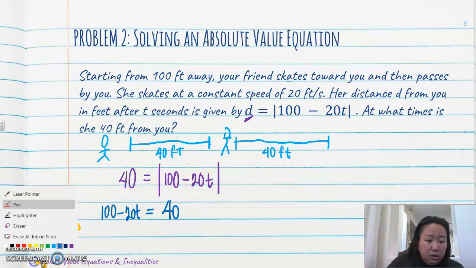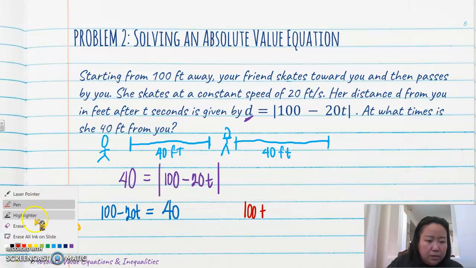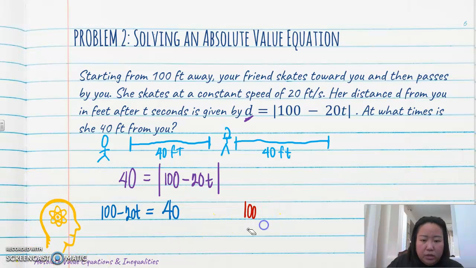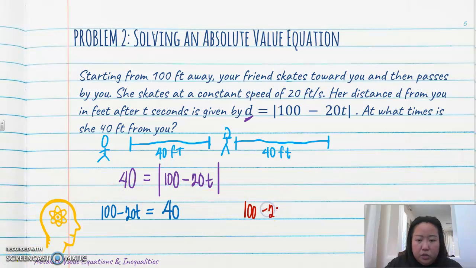The other possible way would be 100 minus 20t. So 100 minus 20t, what should be inside this expression to get an absolute value of 40? The other way is if it is negative 40, okay? So there we go. We now have two equations.